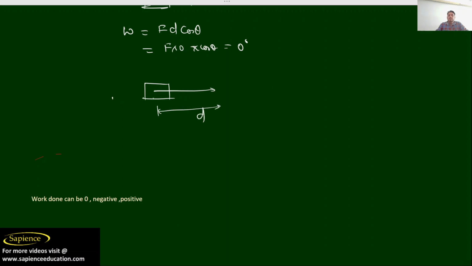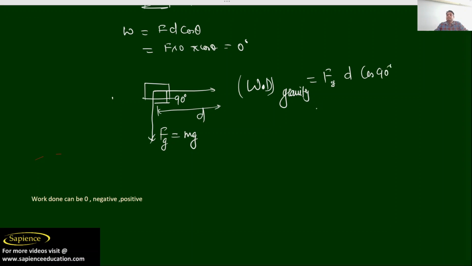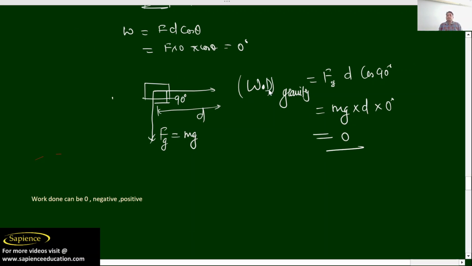Suppose displacement is d, but the force due to gravity is equal to mg. Now the angle between these two is 90 degrees. So work done due to gravity can be written as F into displacement into cos 90 degrees. So force due to gravity is mg, displacement is d, into cos 90 means 0. So this will be 0.